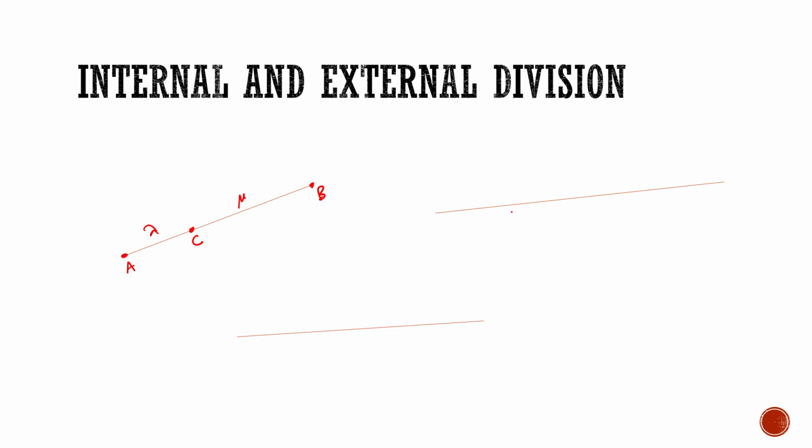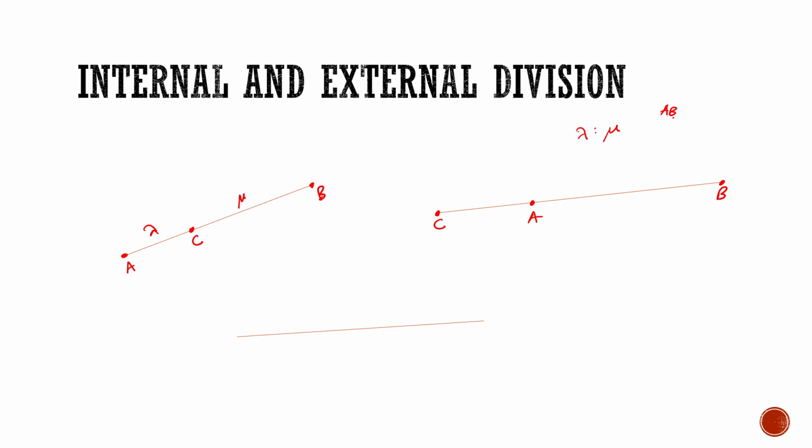However, the point C can be either to the left of A or to the right of B, and that is what is called external division. For example, in this case, we have the point C dividing A and B externally, and the ratio here is lambda to mu, but one of these is going to be negative. Personally I prefer that, if we're dividing AB, order is important.